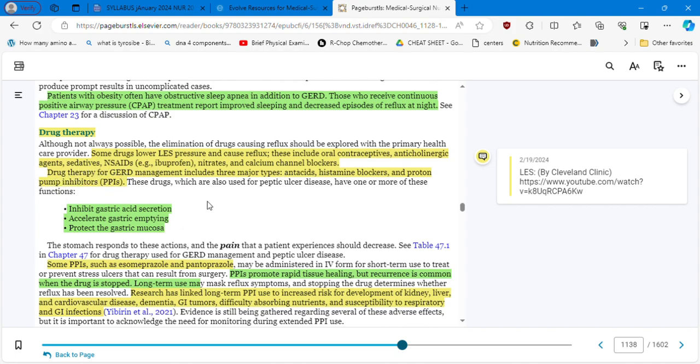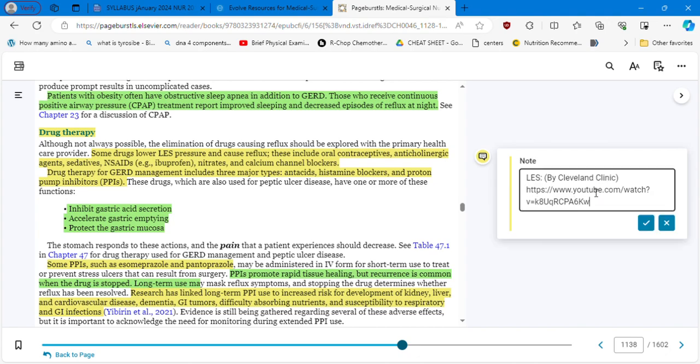Okay, and these drugs are used for peptic ulcer as well, which we are going to check in future chapters. So these medications' functions are to inhibit gastric acid secretion, to accelerate gastric emptying, right? So you don't have the regurgitation or reflux, and to protect the gastric mucosa, right?